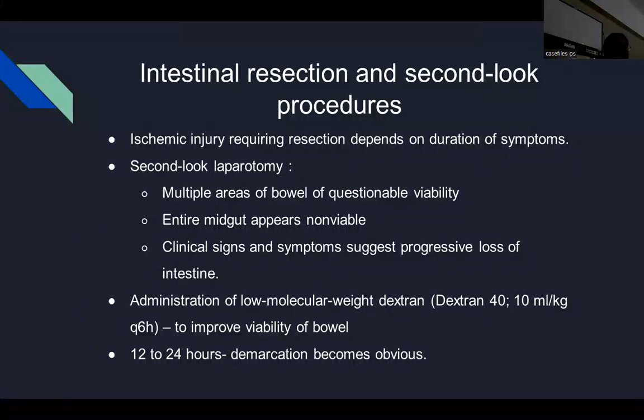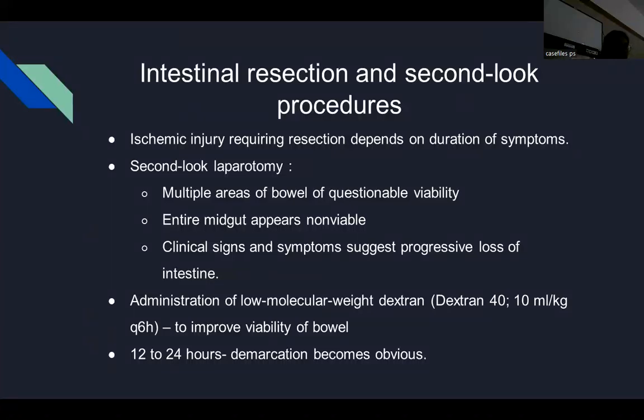Coming to the intestinal resection and the role of second look procedures in patients with volvulus. Whenever patients present with volvulus, depending on the duration and the type of symptom, there can be development of bowel ischemia, and sometimes it might require resection and anastomosis as well.